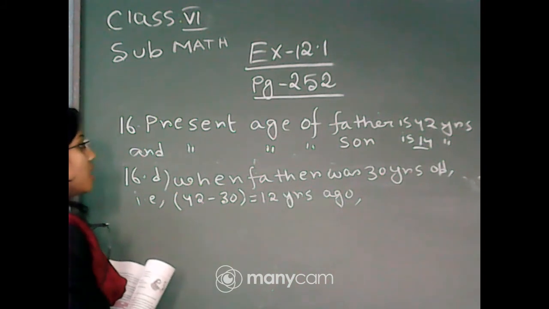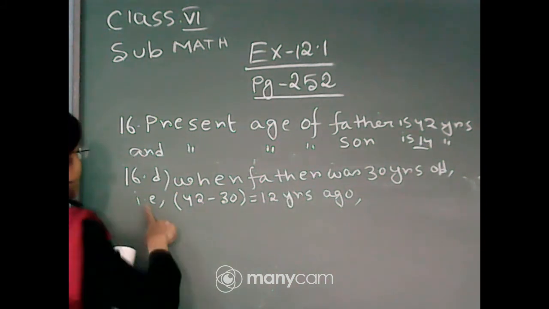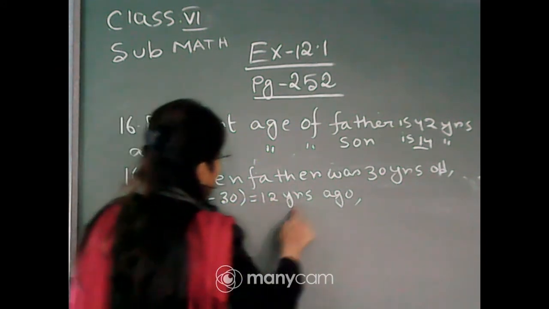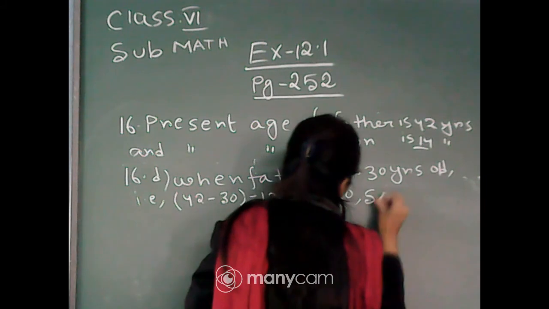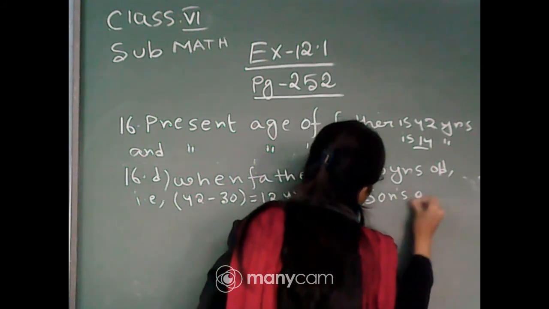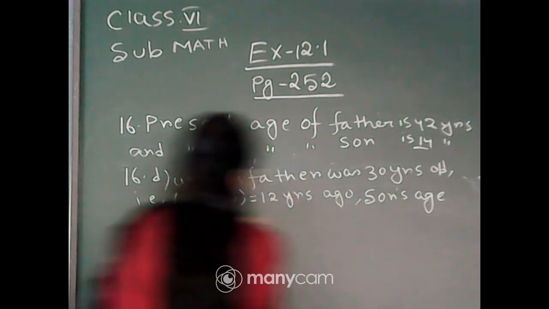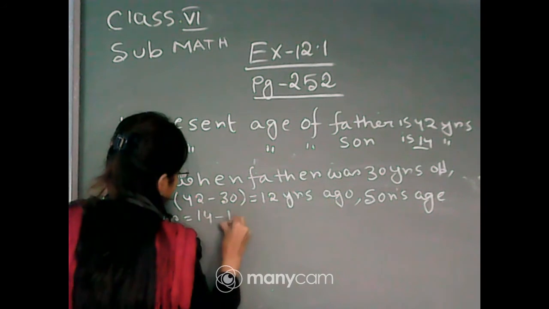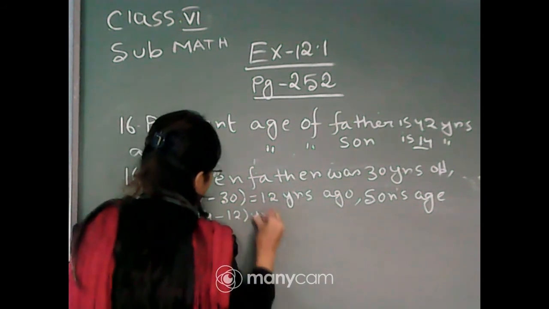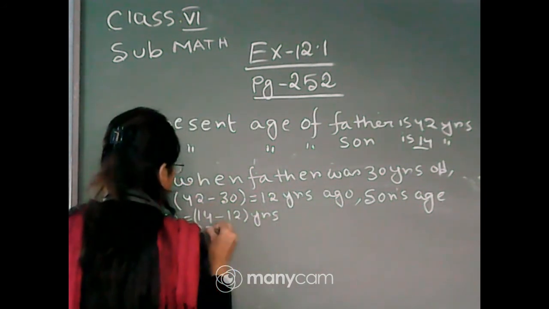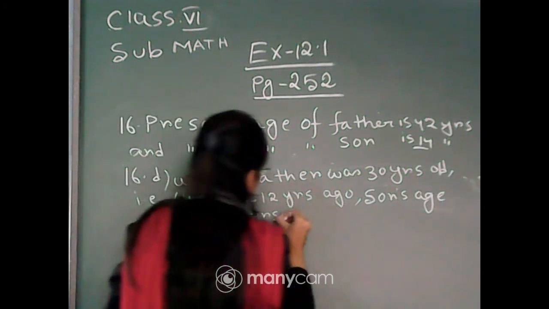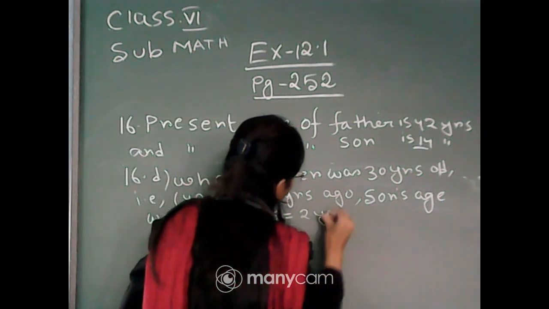When father was 30 years old, that is 42 minus 30, that is 12 years ago, son's age was 14 minus 12 years. Since son's present age is 14 years, so 12 years ago son's age was 14 minus 12 years, that is 2 years.